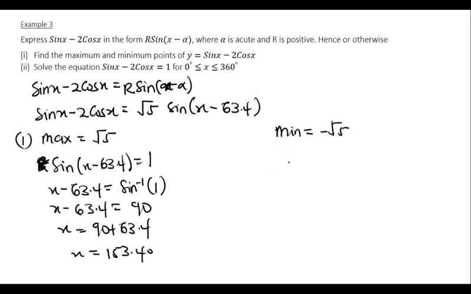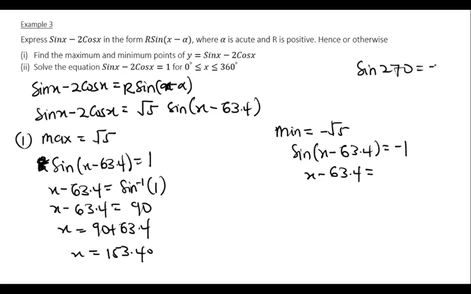So our minimum occurs at the same thing, sine x minus 63.4, but it should be equated to negative 1. If we do that, we have sine x minus 63.4 is equal to... now which angle, sine of that angle will give us negative 1? If we look at sine 270, we are going to get negative 1. So the sine inverse of negative 1 is 270.